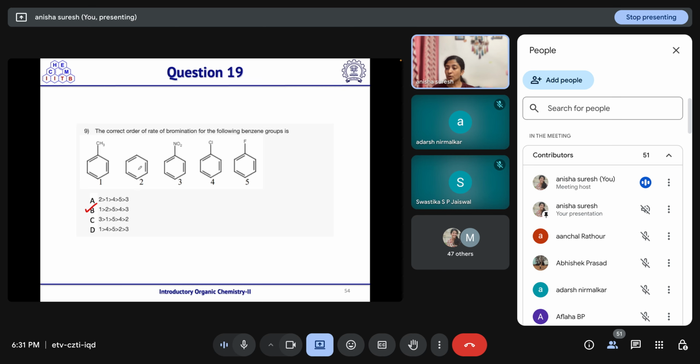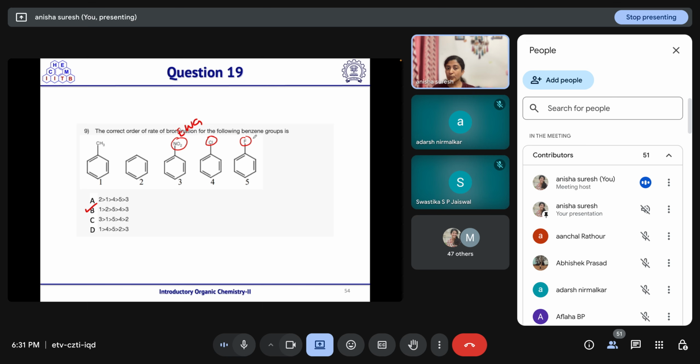Then comes 2, that is normal benzene. Now when we are considering 3, 4 and 5, these have electronegative atoms, and the nitro group is an electron withdrawing group.